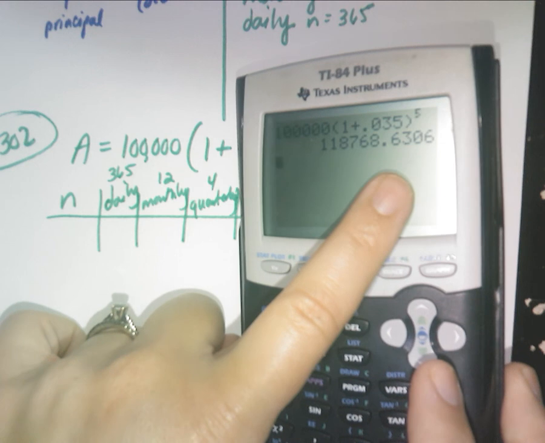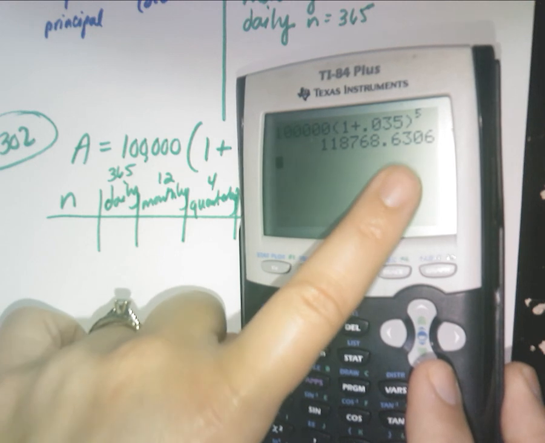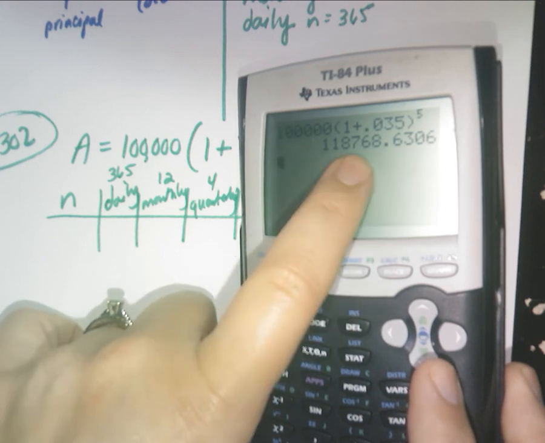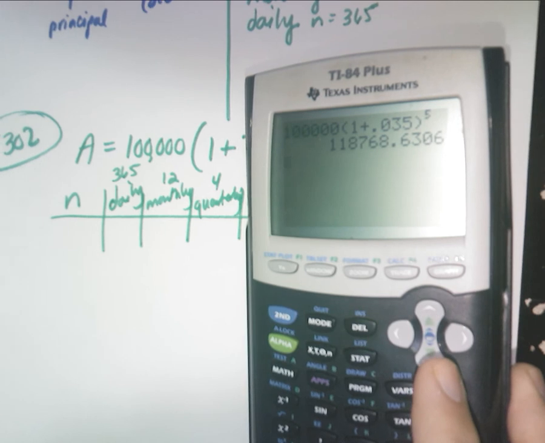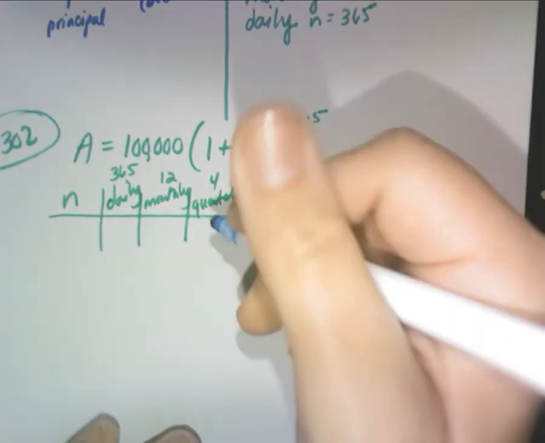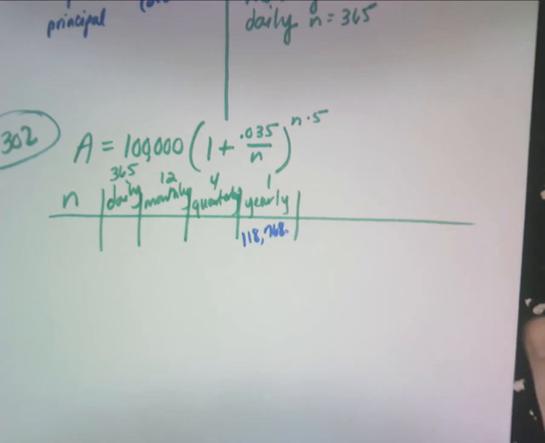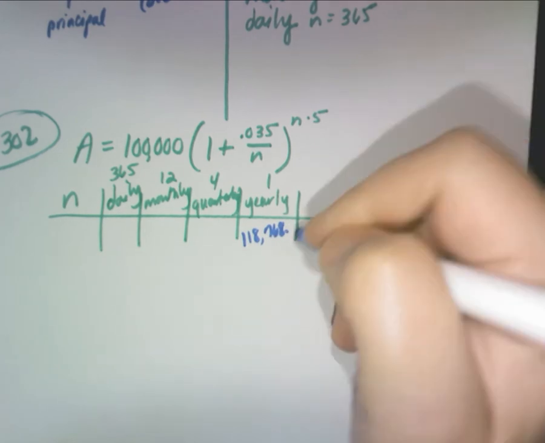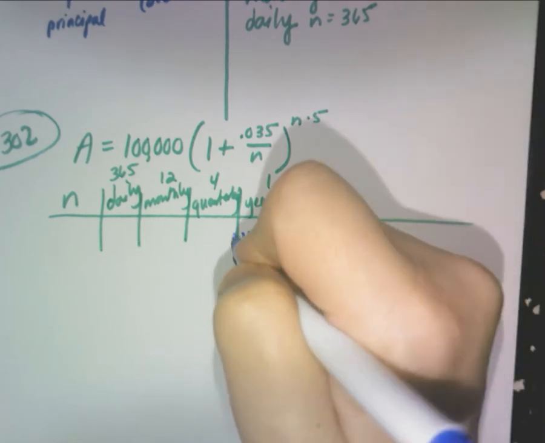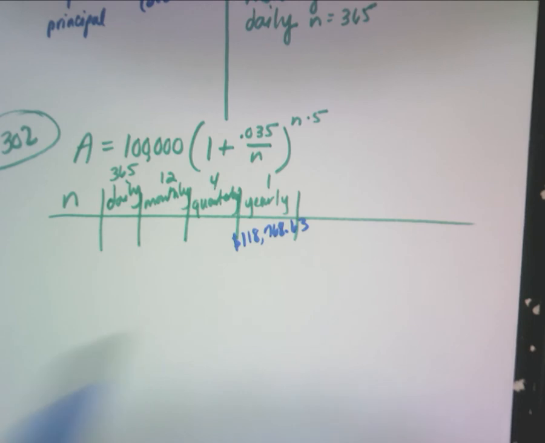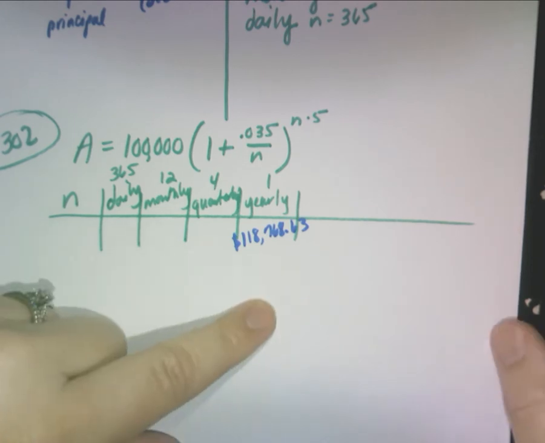So what would this be? 118,768.63. This is for yearly, by the way. I worked backwards. That's how much your principal would be worth in 5 years if compounded yearly.